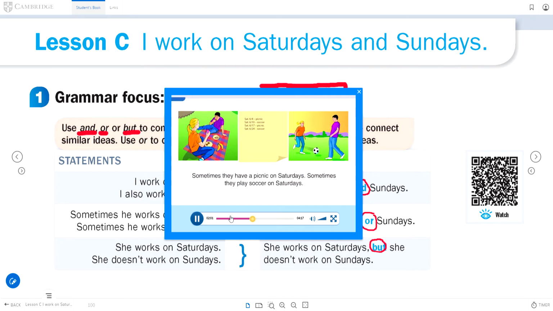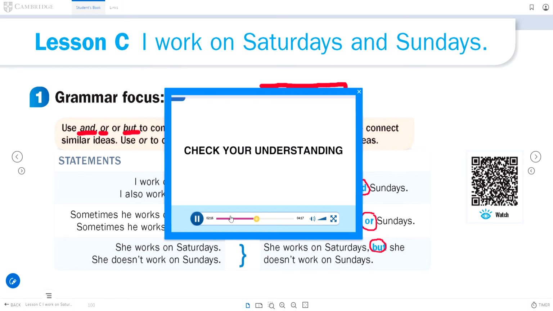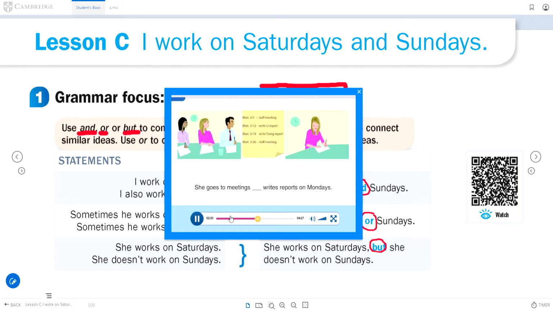Sometimes they have a picnic on Saturdays. Sometimes they play soccer on Saturdays. They have a picnic or play soccer on Saturdays. Check your understanding. Look at the pictures. Complete the sentence. She goes to meetings or writes reports on Mondays.